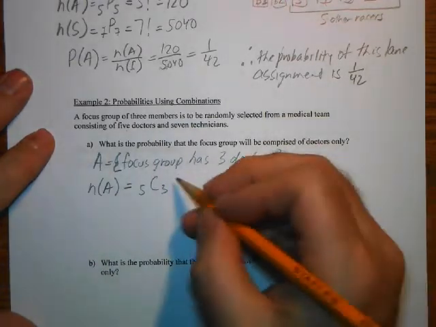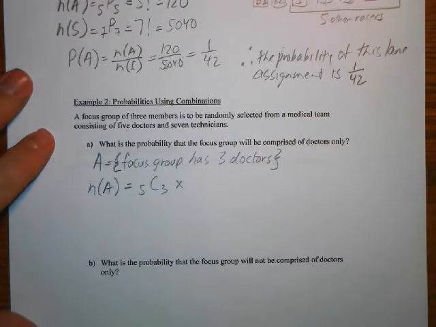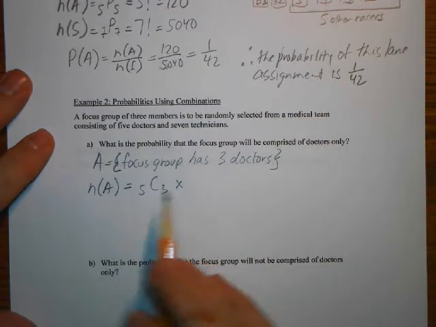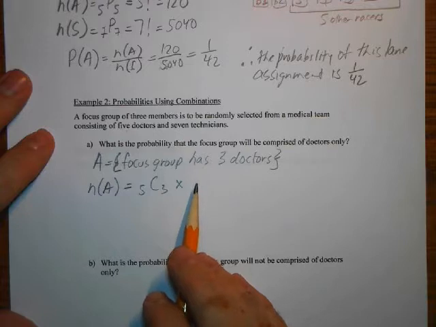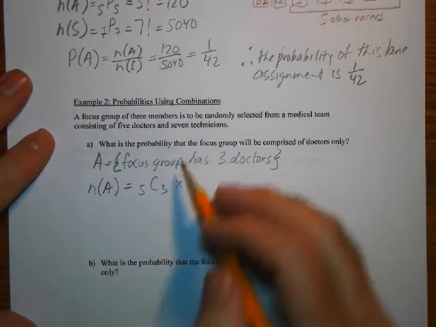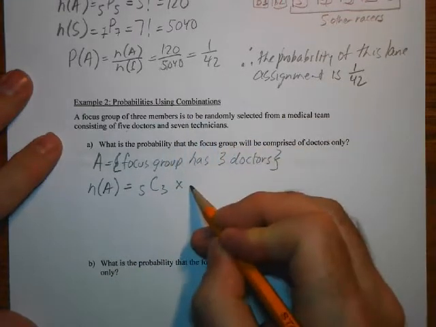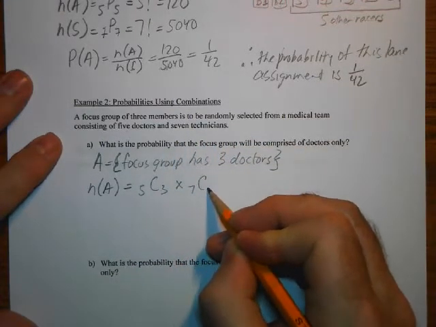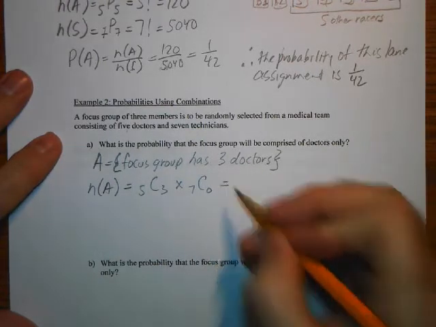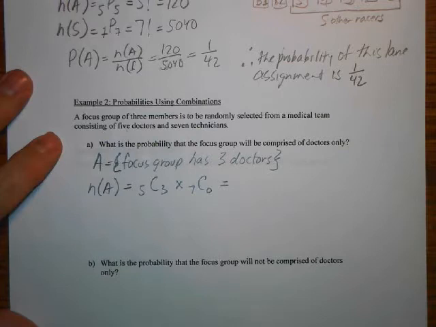Now, I've also got, and you don't have to put this, and I'll talk about it in a second, but how many ways can I choose the technicians? And you may say, well, we're not choosing any technicians. Well, I could put that here. I've got 7 technicians, and I'm going to choose 0. Okay, so how many ways can you choose 0 of anything? It's always going to be 1.